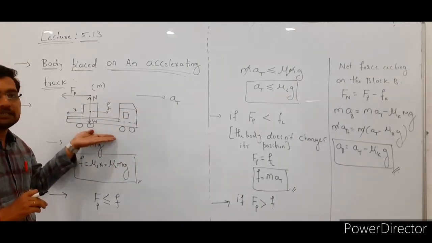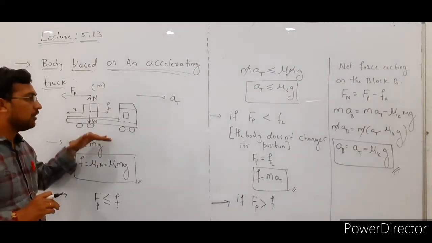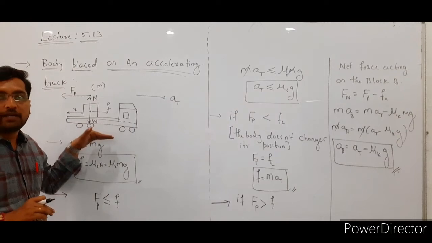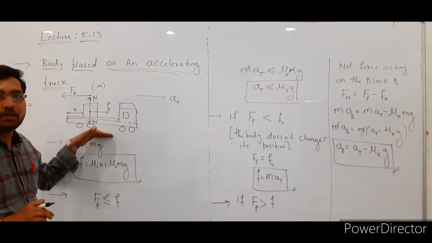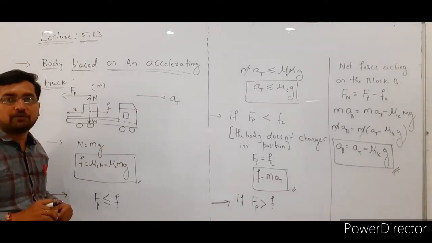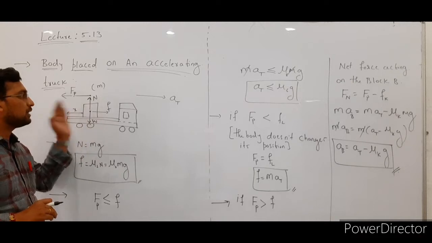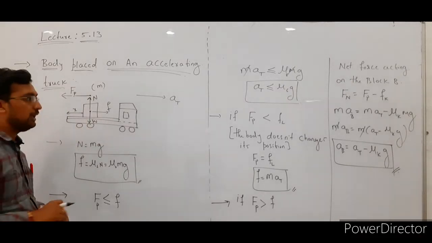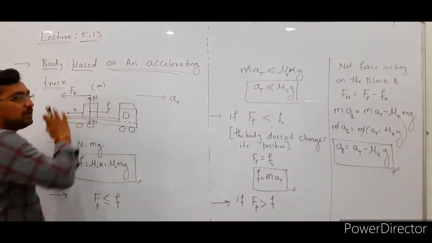So this is an accelerating system, which becomes a non-inertial frame of reference. In a non-inertial frame of reference, we are not able to apply Newton's second law. To apply Newton's second law, we introduce the concept of pseudo force, and its direction is always opposite to the direction of the accelerating truck. So here the truck is accelerating in this direction, and this is the direction of the pseudo force.